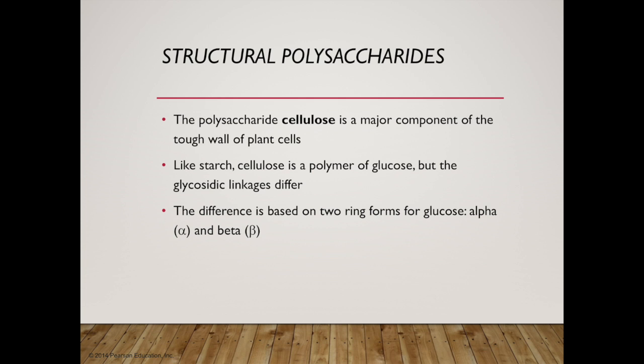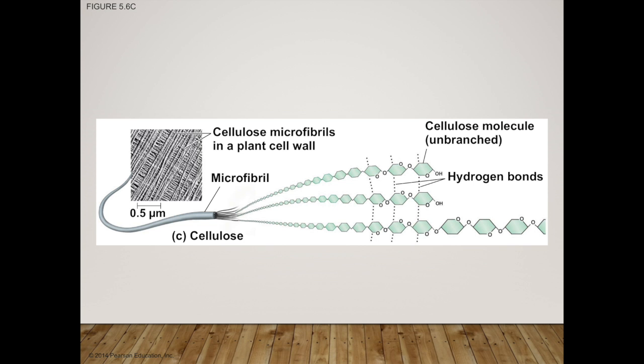There's not a lot of organisms that can break down cellulose once it has been formed. And why? The monomers, the monosaccharides, are the same. It's how those glycosidic linkages work together, how the molecules are put together, that make cellulose so tough.